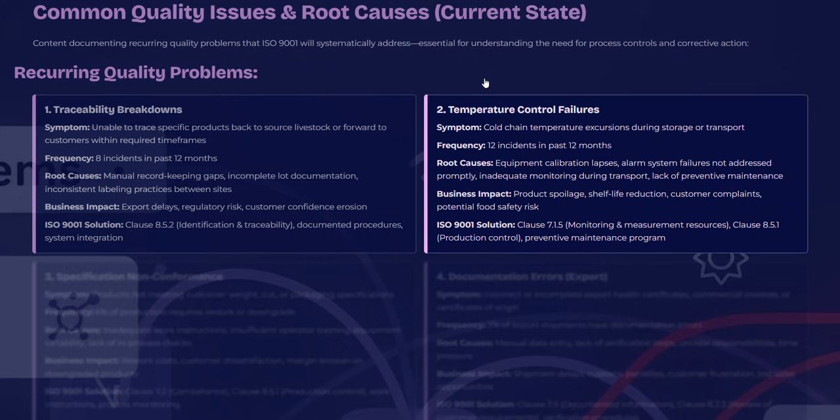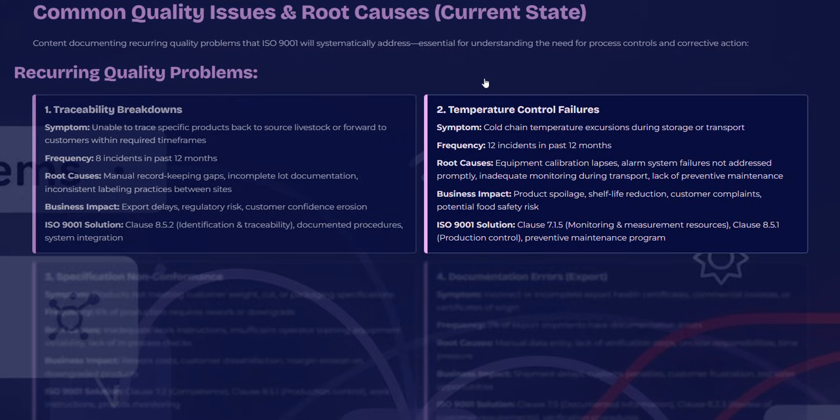Problem number two, temperature control failure. The symptom that you can see is cold chain temperature excursion during storage or transportation. How many times did it happen during these 12 months? 12 incidents in 12 months. Root causes: equipment calibration lapses, alarm system failure not addressed promptly, inadequate monitoring during transport, lack of preventive maintenance.